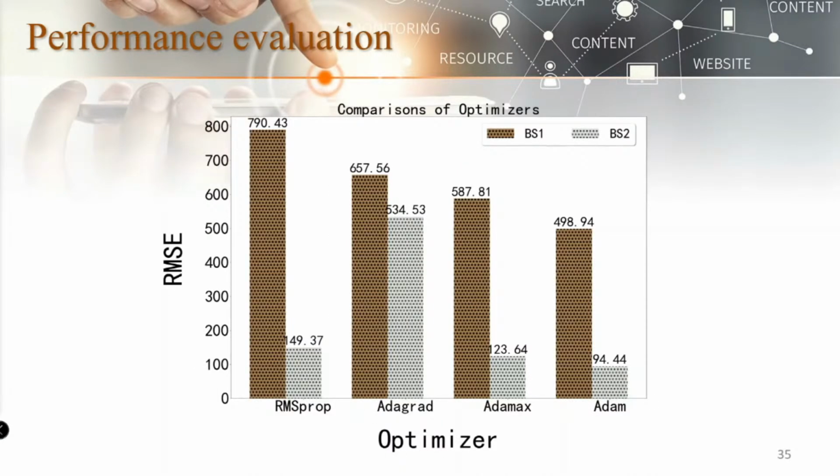The figure shows the comparison of the optimizers, including RMSprop, Adagrad, Adamax, and Adam. Adam combines momentum and Adagrad. Therefore, Adam retains the characteristic of momentum that the learning rate will be faster in the same direction, and the learning rate will be slower when the direction changes.